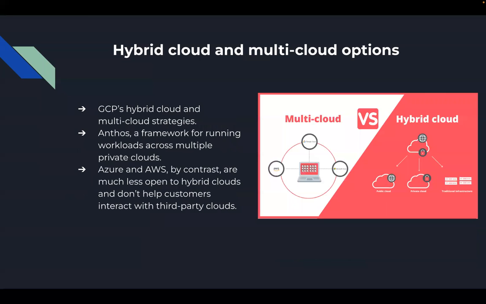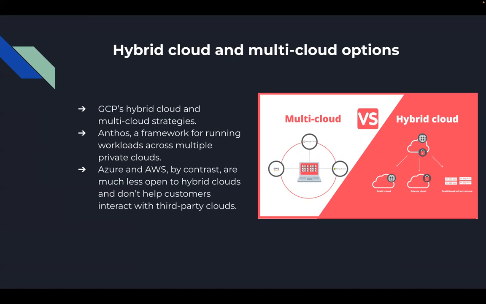Another feature I want to talk about is that perhaps the biggest Google Cloud Platform difference that has emerged in recent years is the GCP's hybrid cloud and multi-cloud strategies. GCP has invested a lot of money in Ansible, a framework for running workloads across multiple private clouds.